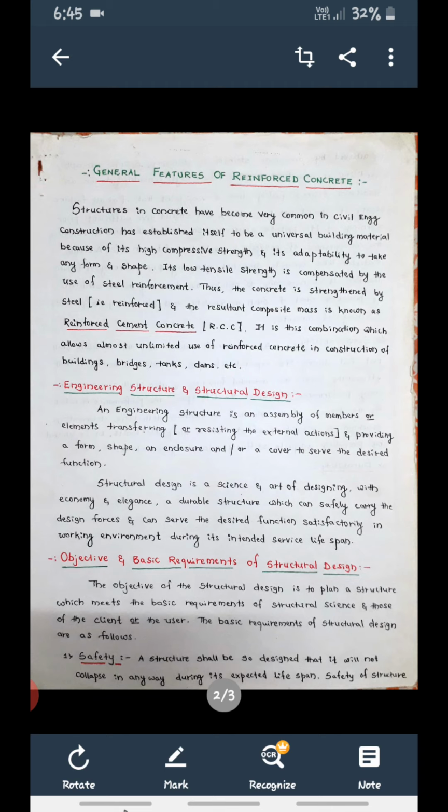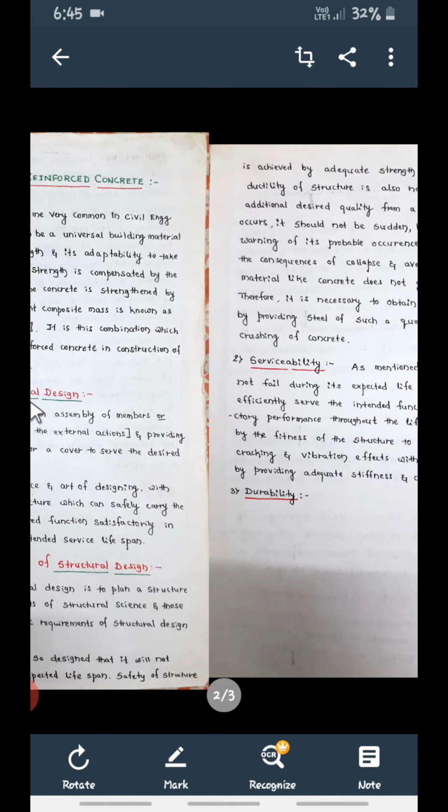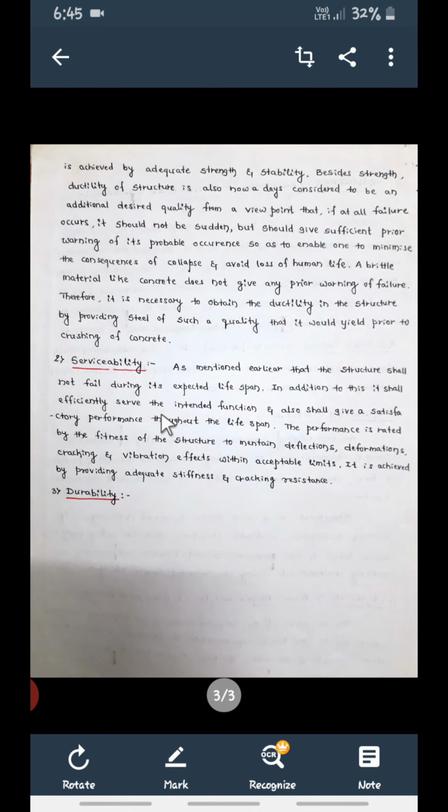Then the second one is what? Serviceability. The second requirement is serviceability. The structure shall not fail during its expected lifespan. In addition to this, it shall effectively serve the intended function. For what purpose we are constructing the structure, that has to be served.